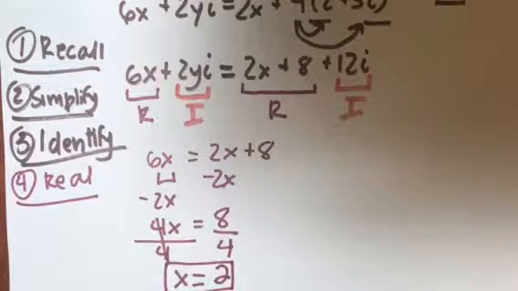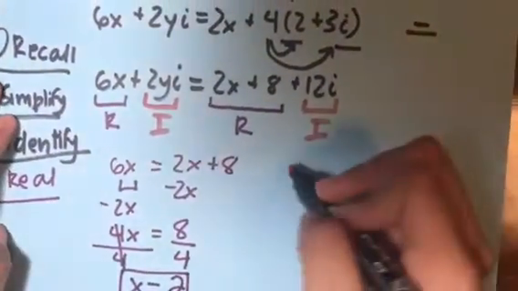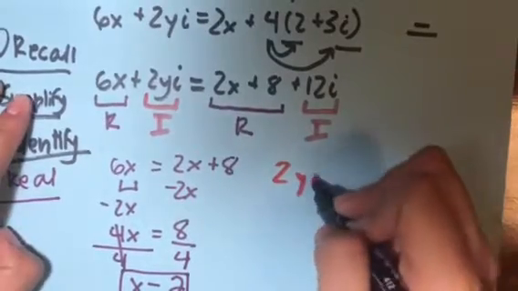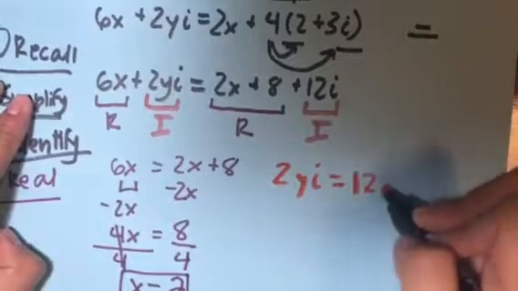And on the imaginary side, we have 2yi is equal to 12i.